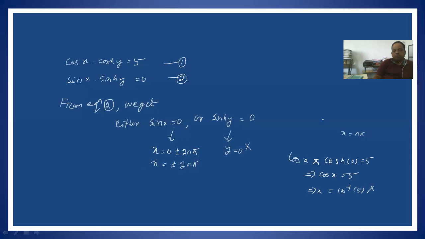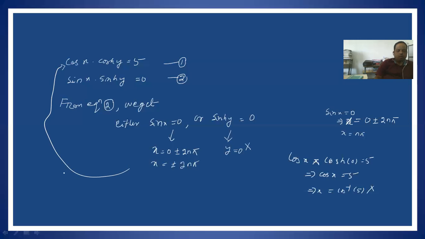So always remember, if sin x equal to 0, then x equals 0 plus minus the period of sin x, which is 2 pi. So write in general form, that is 2n pi.